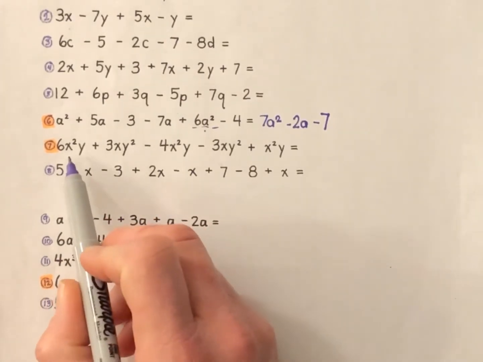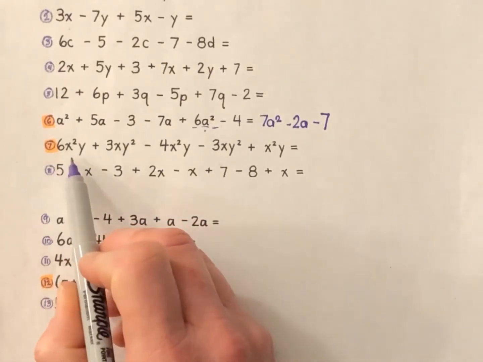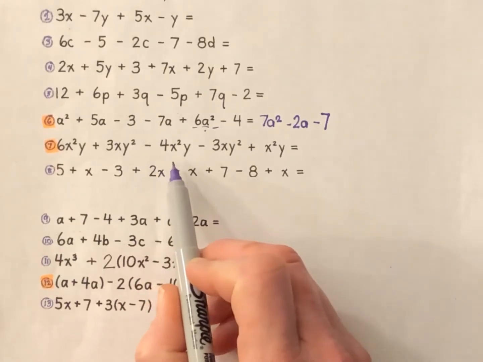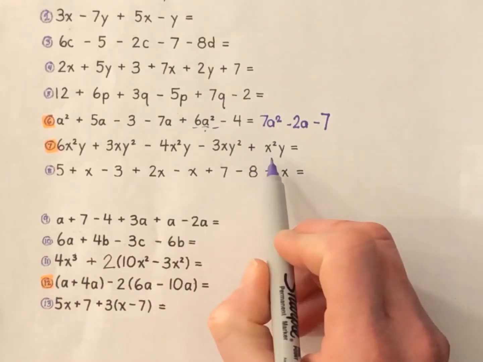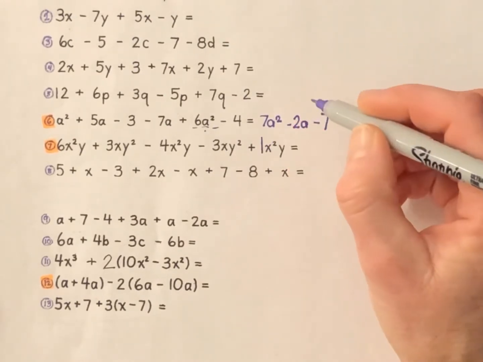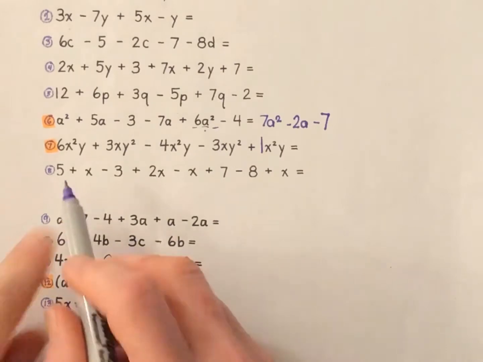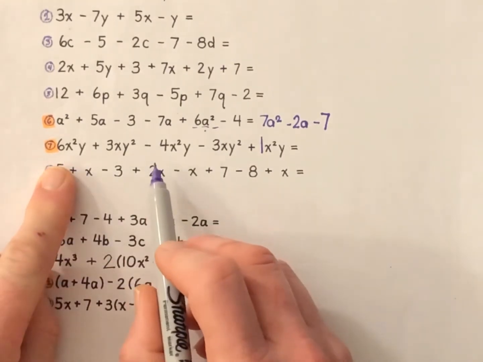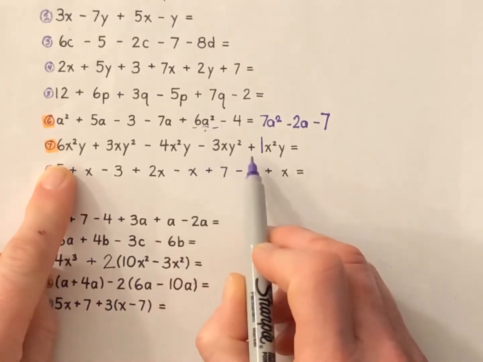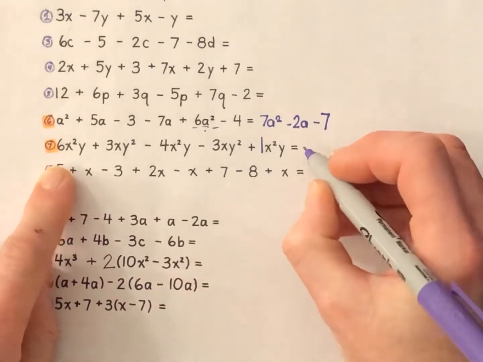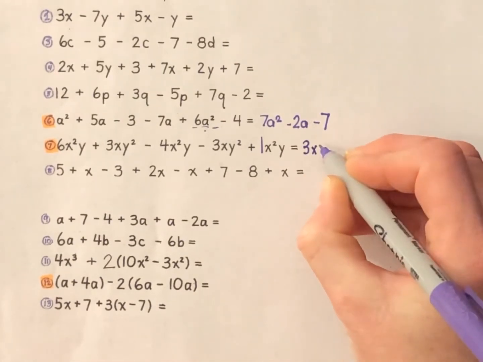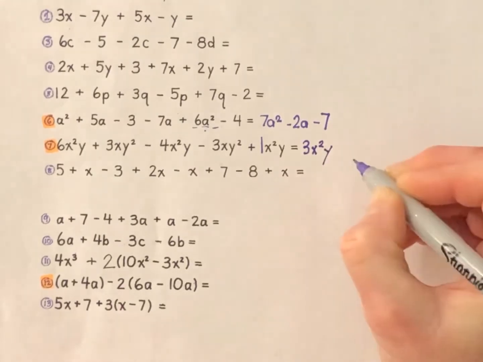We'll start with the x squared y: 6x squared y minus 4x squared y plus x squared y. And if it helps, you can put a 1 in front of that so you remember that's a 1. So we've got 6 minus 4 is 2, plus 1 is 3. So we have 3x squared y.